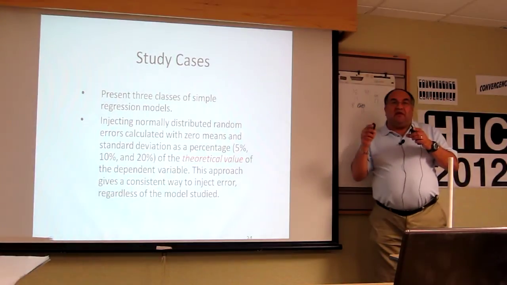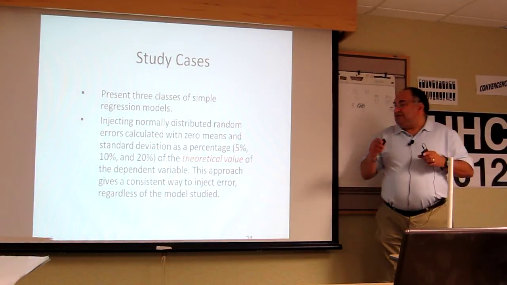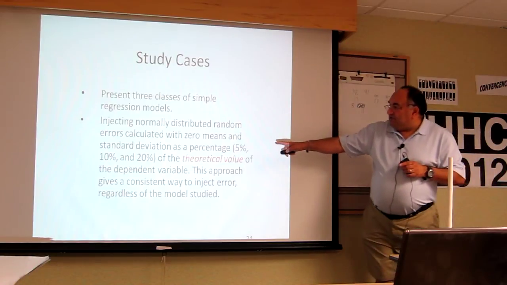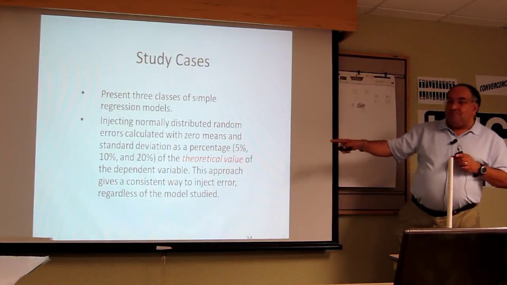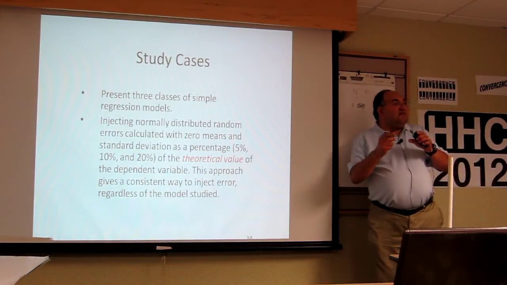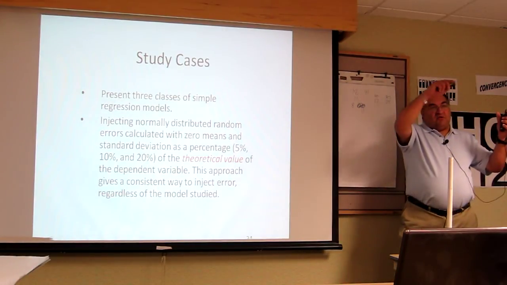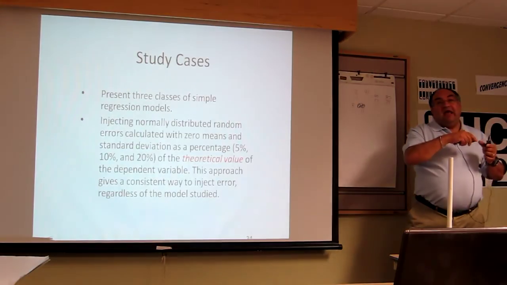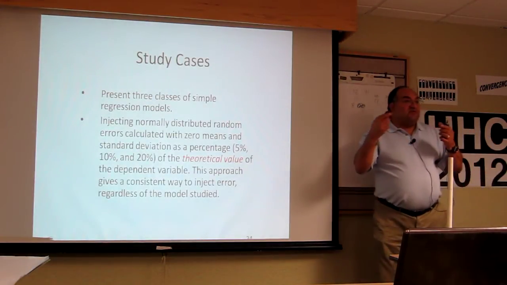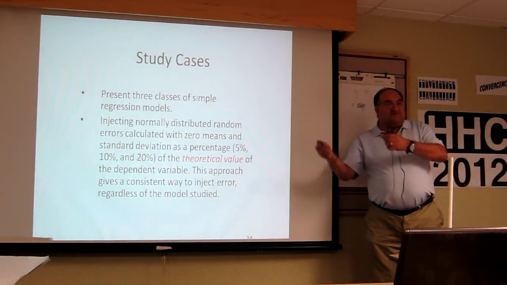The mean value is 0, but the standard deviation, I used a percentage, 5, 10, and 20% of the theoretical value of y. So I have the theoretical value of y, a random normal error, I add them both, and I get a simulated observed y. And that's the one I use for the regression.